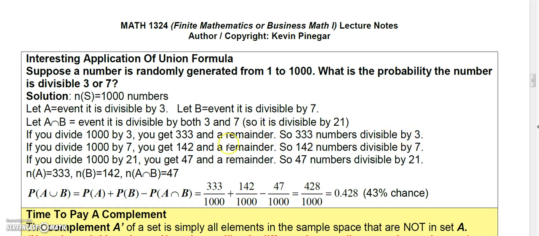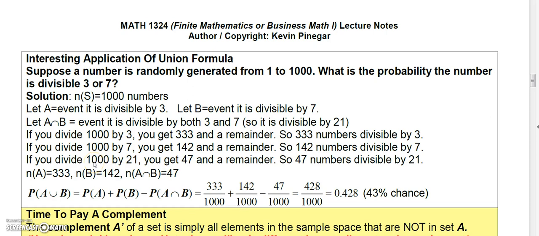So the probability that a number is divisible by 3 is 333 out of 1,000. Now, for the probability a number is divisible by 7, divide 7 into 1,000, and you get 142. And again, drop the remainder, and you know there's 142 numbers divisible by 7.